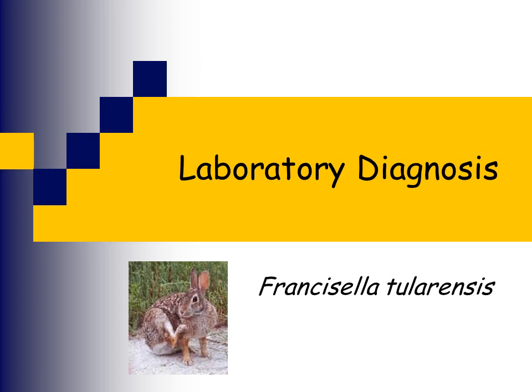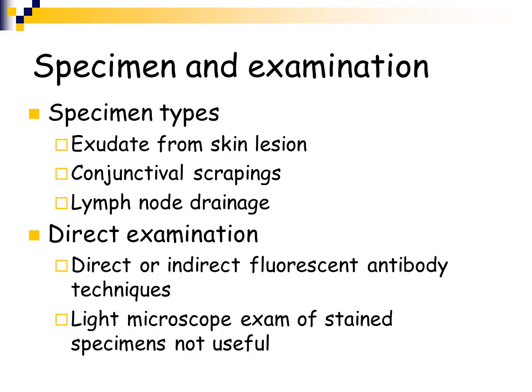So we're going to talk about lab diagnosis of Francisella tularensis. And the specimen types are going to vary. It can be an exudate from a skin lesion. It can be an eye or conjunctival scraping. It can be an aspirate or drainage from a lymph node. You might do a direct exam, so you can do fluorescent antibody staining.